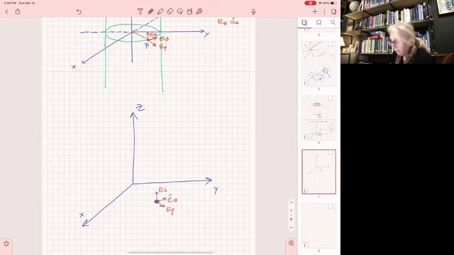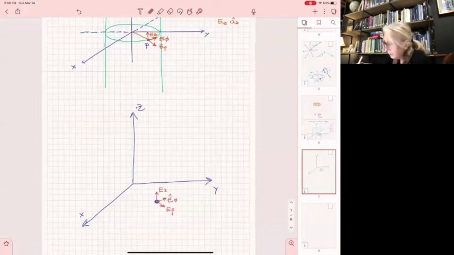Okay. But what I'm going to do for comparison is to not keep in the coordinate system X, Y, and Z the same 3 components, but find the equivalent X, Y, and Z components, because obviously I can find the electric field in any coordinate system if I want.